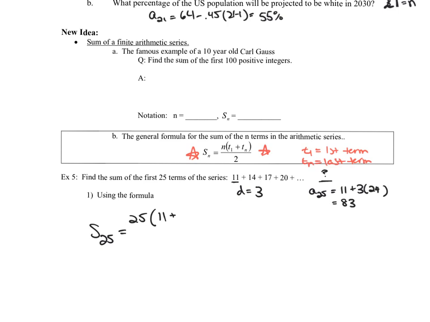Now that we know the last term in our series, we can plug that into the formula, divide by 2, and if we were to add all of those numbers up by hand or using a calculator, we'd get 1,175.